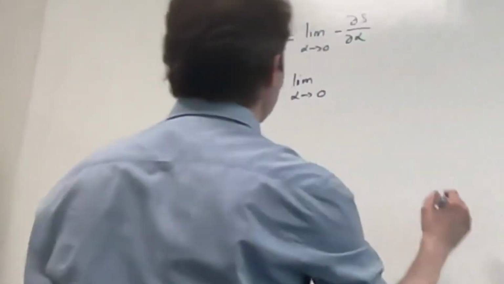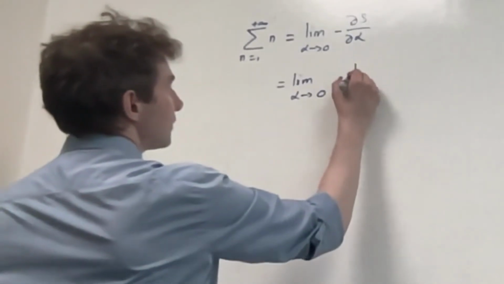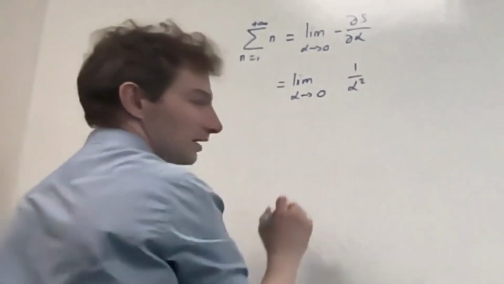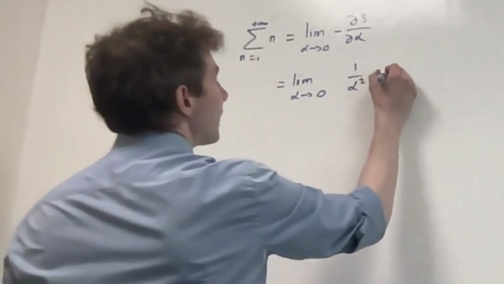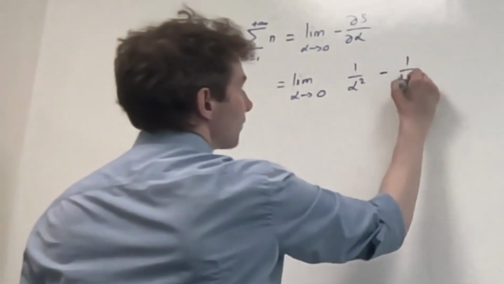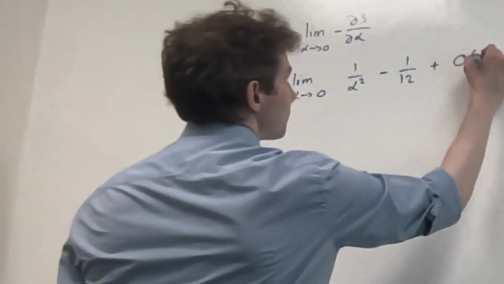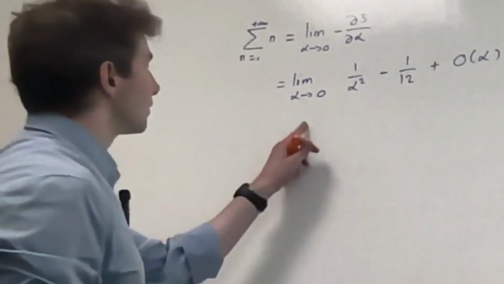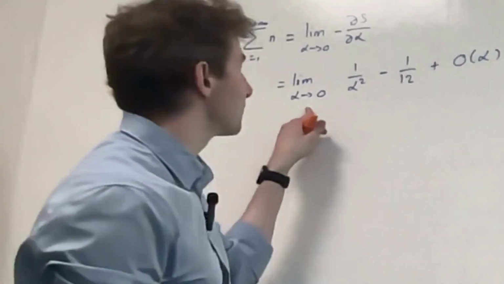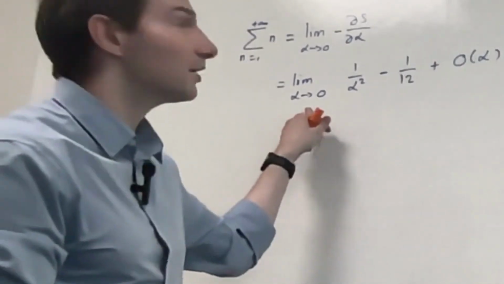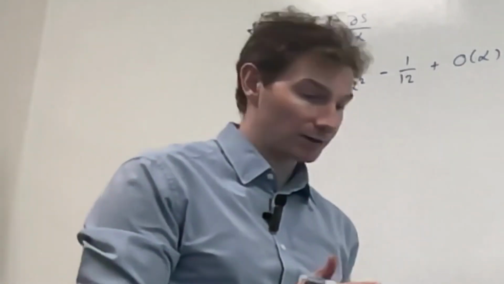Now this quantity turns out that it is 1 divided by alpha squared, and then minus 1/12, and then plus some term here which is of order alpha, but something of order alpha means that when alpha tends to 0, this thing tends to 0, okay?